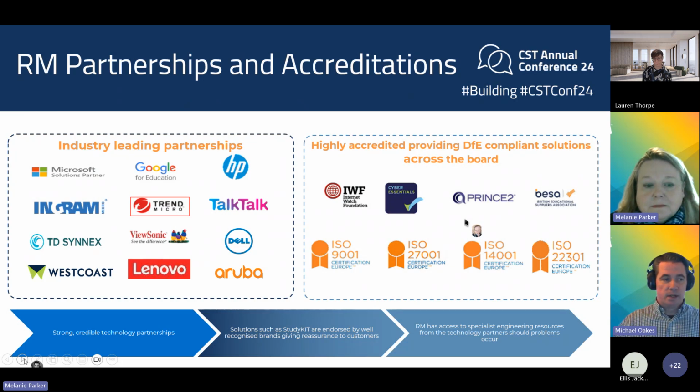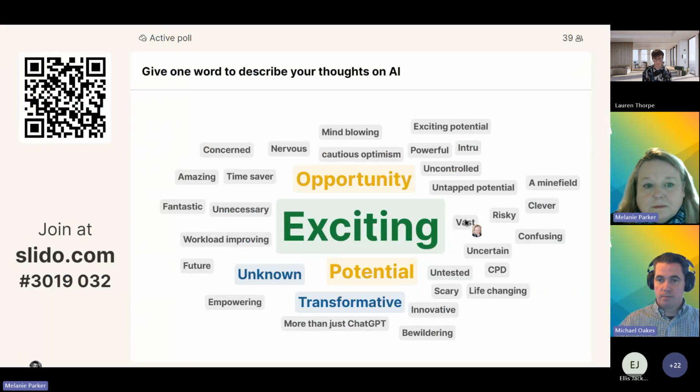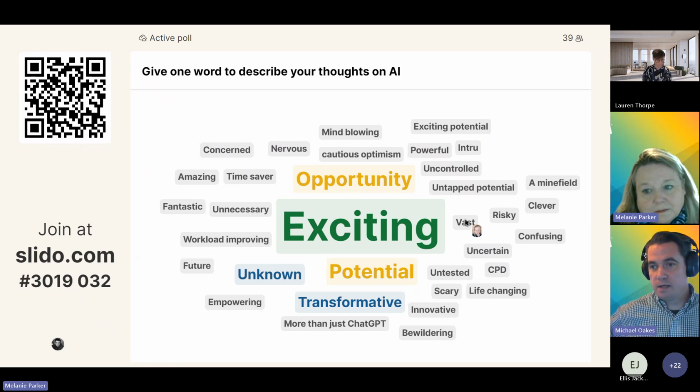Okay, without further ado, let's head straight into a Slido. So these are some of the responses that we got from the CST conference. We'd really like to see some more thoughts around your one word to describe your thoughts on AI. So I'll give you a minute or so to get that QR code and start to update this.